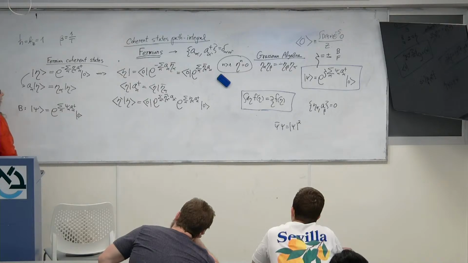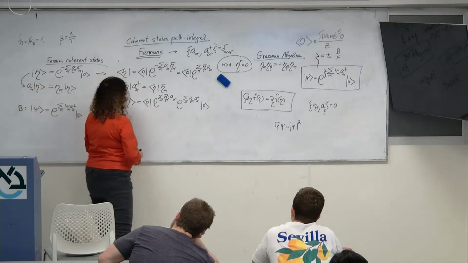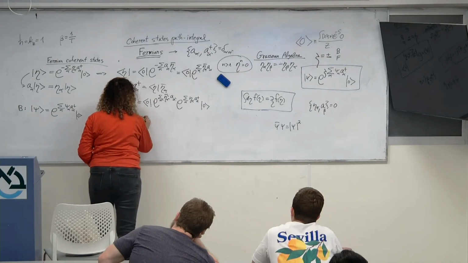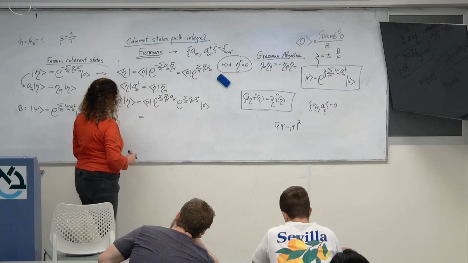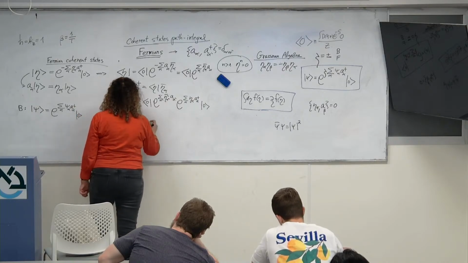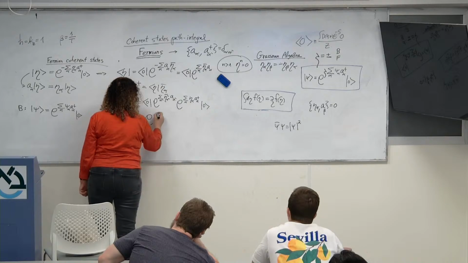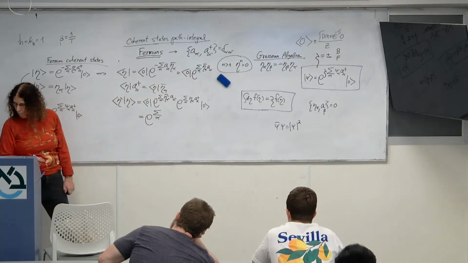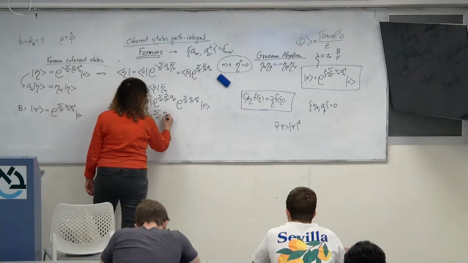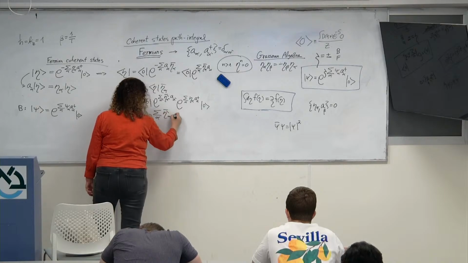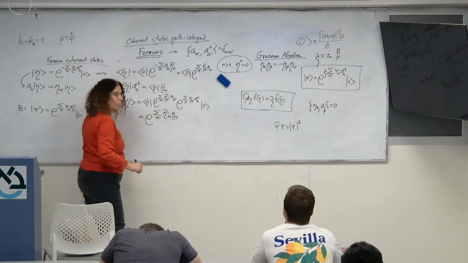If you do the calculation, and I think this is either a tutorial or a workshop problem, this is what we get. In the end, there will be a sum over eta prime alpha bar, eta alpha.